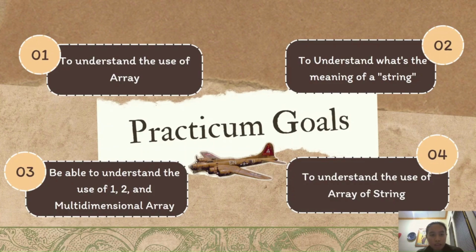To understand the use of array, 2. To understand what the meaning of a string, 3. Be able to understand the use of 1, 2, and multidimensional array, and 4. To understand the use of array of string.